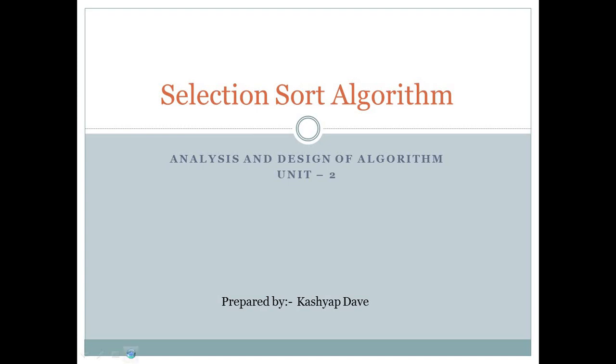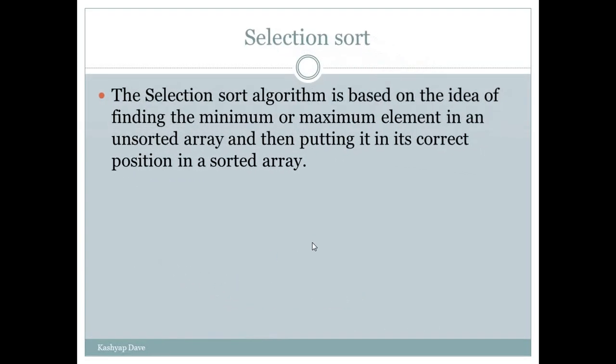In the selection sort algorithm, first of all, it is based on the idea of finding the minimum or maximum element in an unsorted array and then putting it in its correct position in a sorted array.